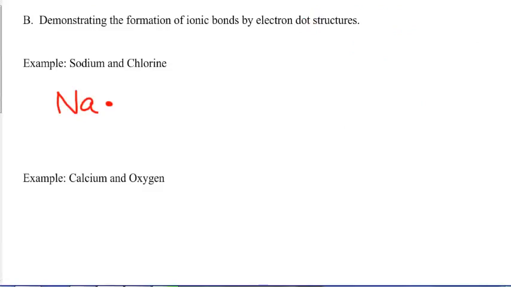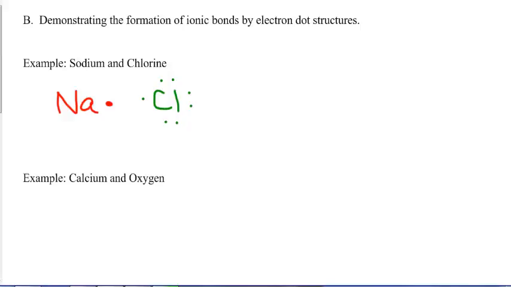Let's move on to how to do an electron dot structure for an ionic compound. So sodium as an alkali metal has 1 dot because it has 1 valence electron. Chlorine is a halogen, so how many dots will it get? Chlorine has 7. Now, remember that 1 to 3 valence electrons means that the atom wants to lose valence electrons, and when they have 5 to 7, they want to gain.